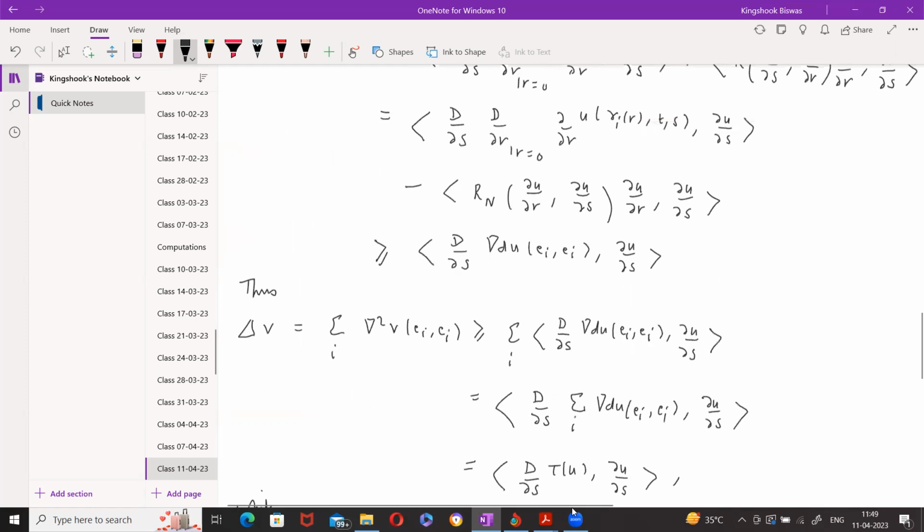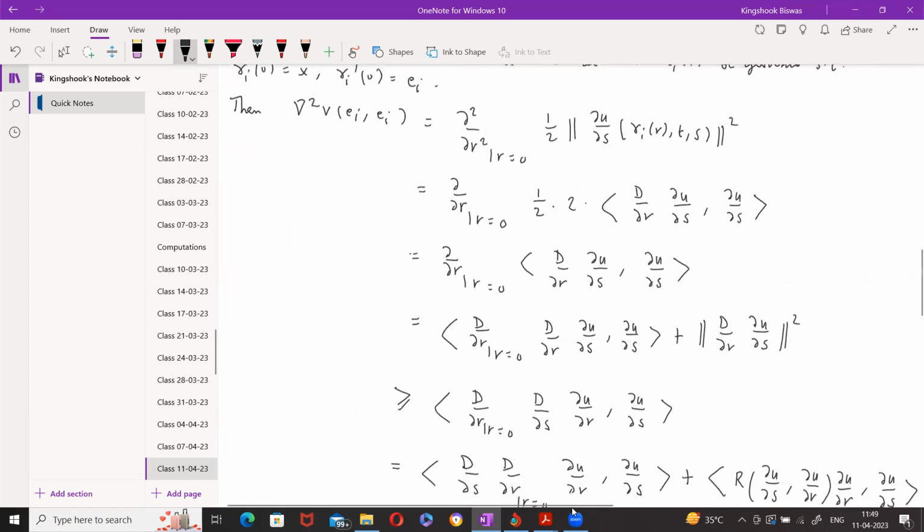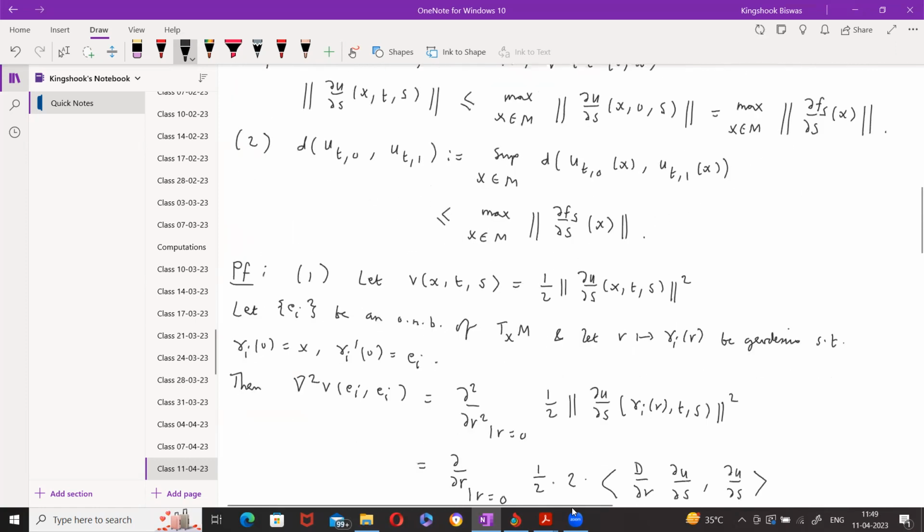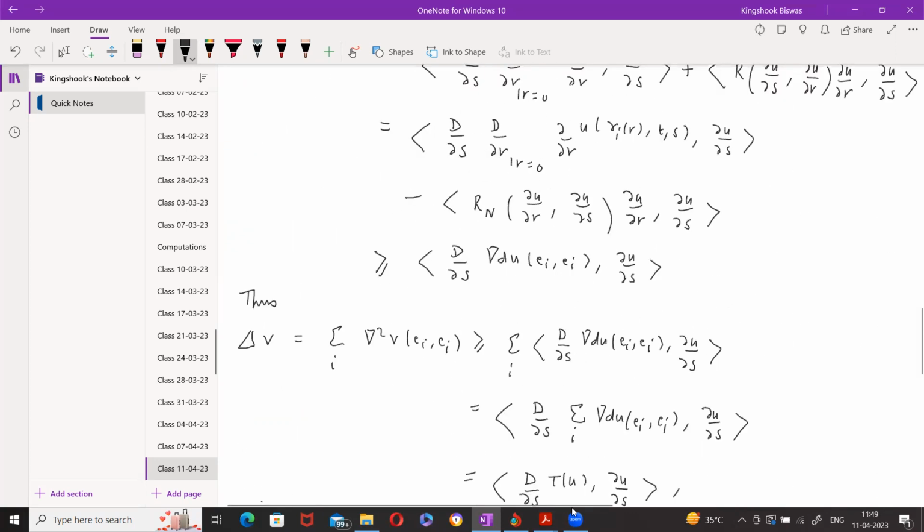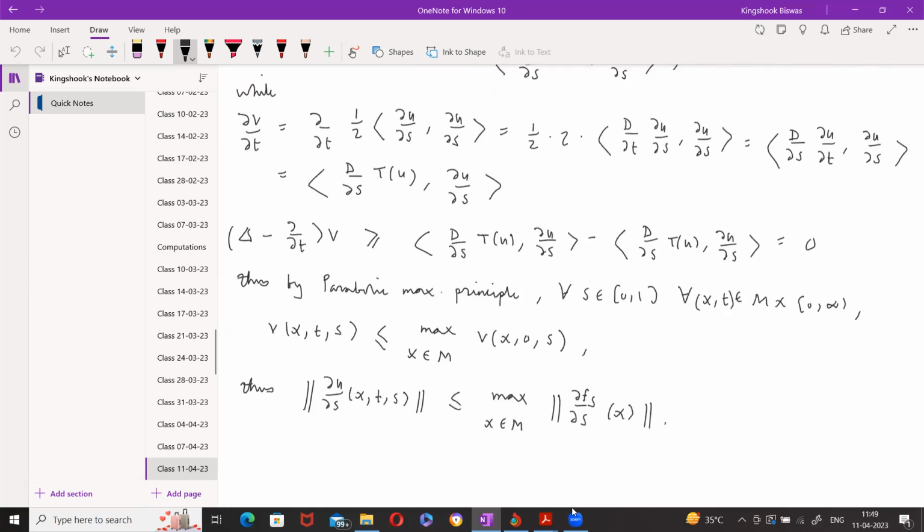Sir, before we proceed, can you once again say why this shows that this norm is decreasing? This first part of the proposition, why is this? Well, that's what it's saying, right? This says the max over x of the norm is decreasing, because the value at time t is less than the value at time 0.